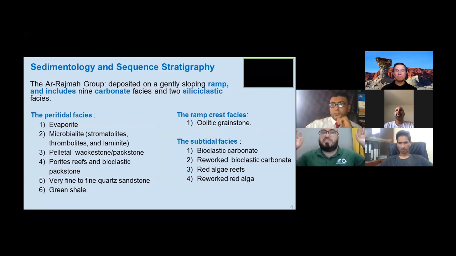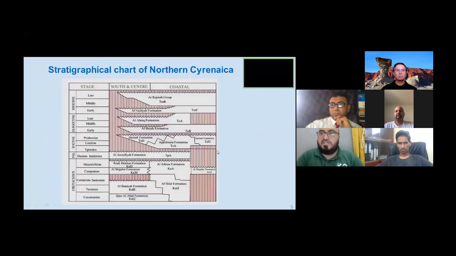The Cyrenaica platform is mostly characterized by carbonate, and includes three different facies: peritidal facies, ramp crest facies, and subtidal facies. We can discuss them next in the detailed sequence stratigraphic framework.